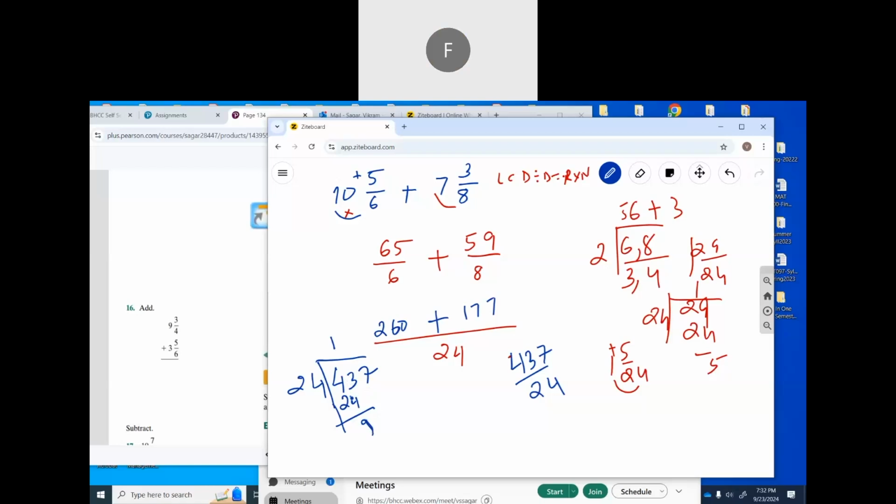We are left with 1 after subtracting. I'm going to bring down 7. How many times now? 8. So 24 times 8, which is what number I should write down here?